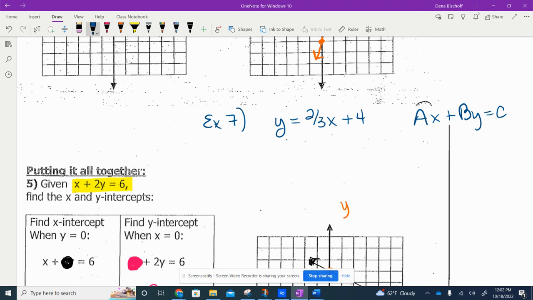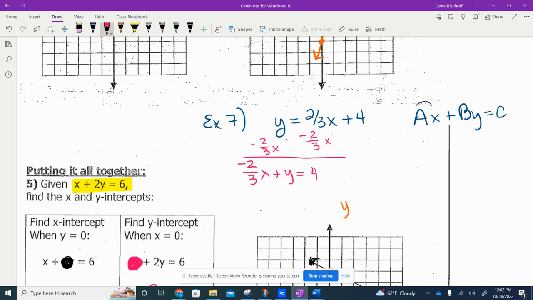So you subtract 2/3 x from both sides. So when I do that, I have negative 2/3 x plus y equals 4.